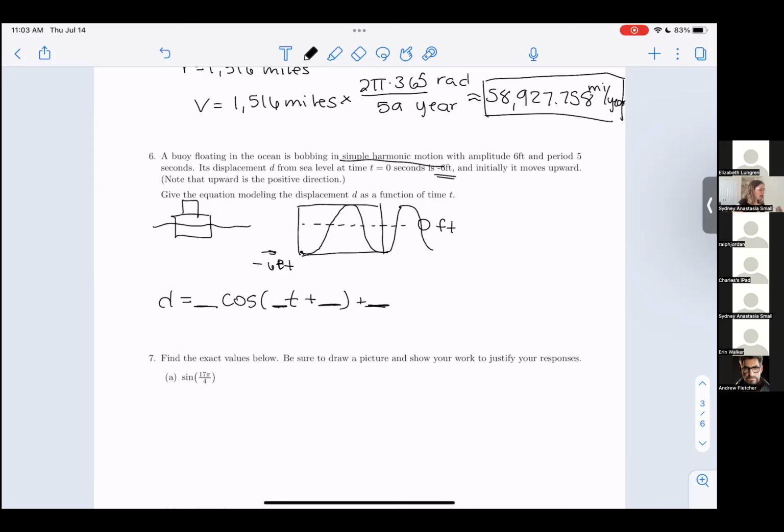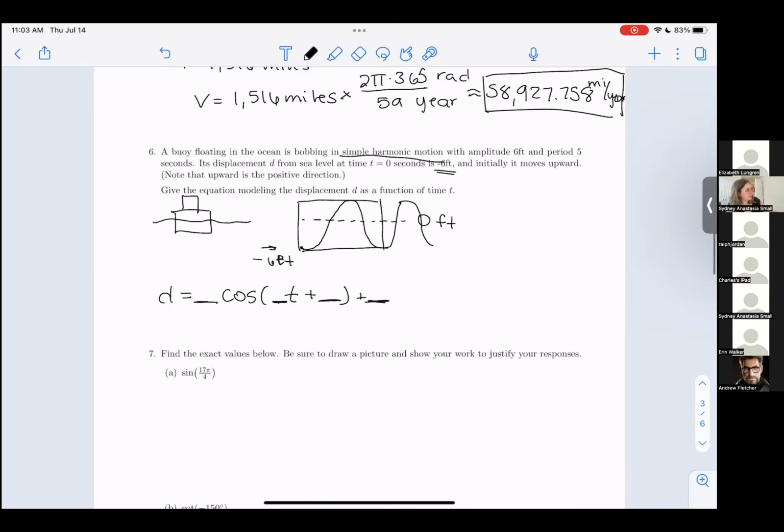Okay, I'm just going to start with the vertical shift because there isn't one. We're considering 0 feet to be here just by construction of the problem. We're starting at -6 feet, then we're going up 6 feet, and then we're going back down 6 feet, above and below the 0 feet line, which means our amplitude is 6 because it's given in the problem.